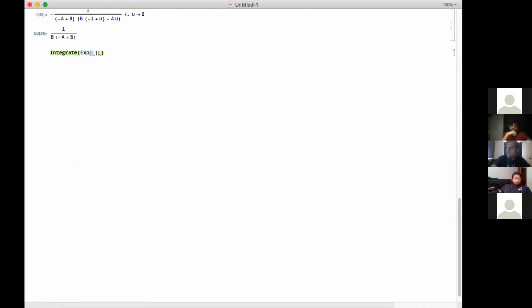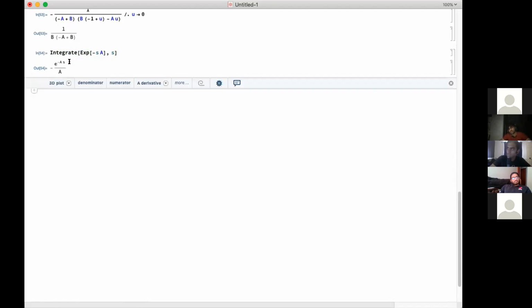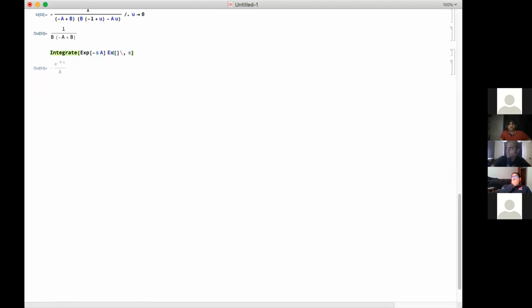Integrate the exponential of, let's just stick to Euclidean signature for the time being. So I get something like this, and then I evaluate this at s equals infinity minus s equals 0. The numerator goes to 1, I get 1 over a, minus 1 over a.